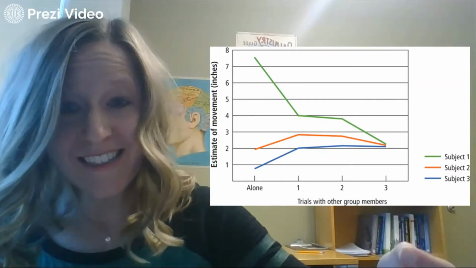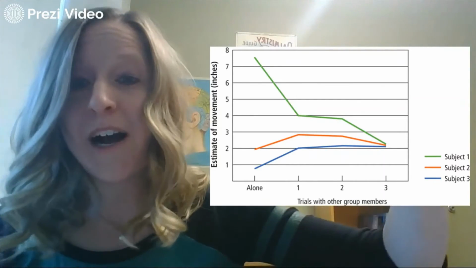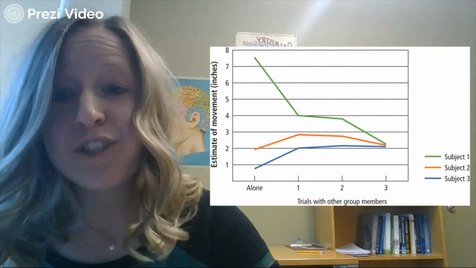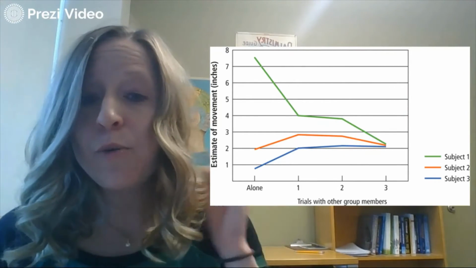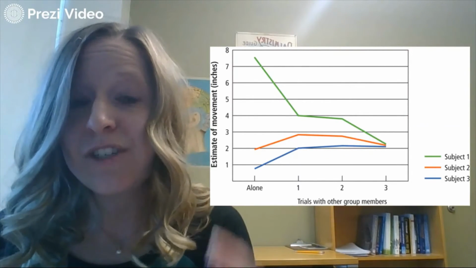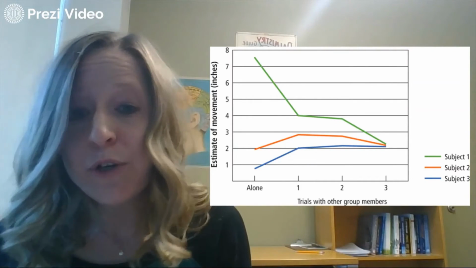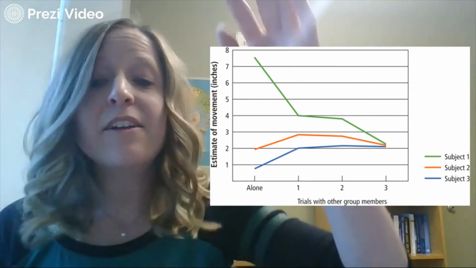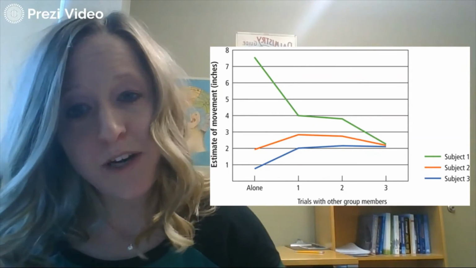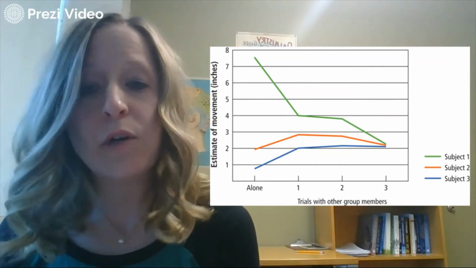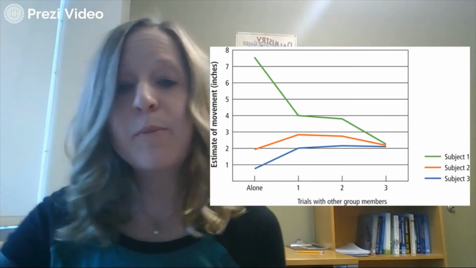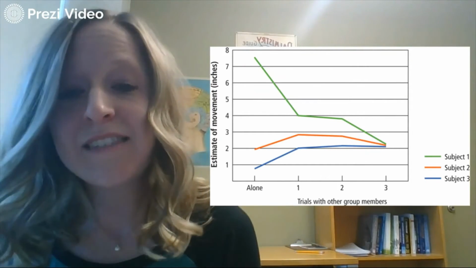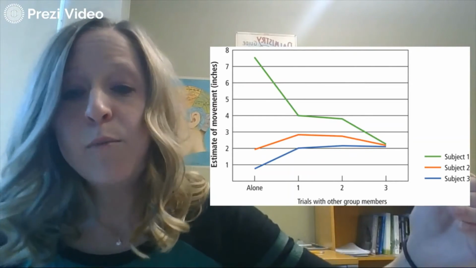They are adjusting downwards or upwards after being exposed to this social information. So the people who are estimating 8 inches hear other people in the group saying 1 inch or 2 inches, and they're adjusting their estimates downward. Those people who saw it moving only a little bit heard other people saying 8 inches, 7 inches, and they are adjusting their response upwards.